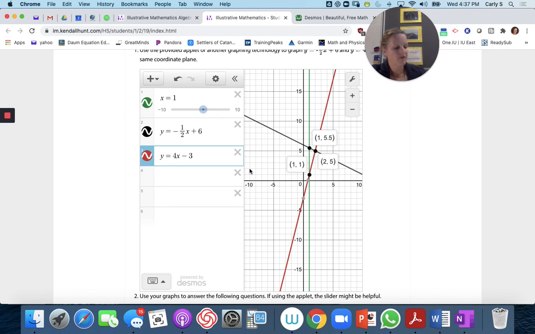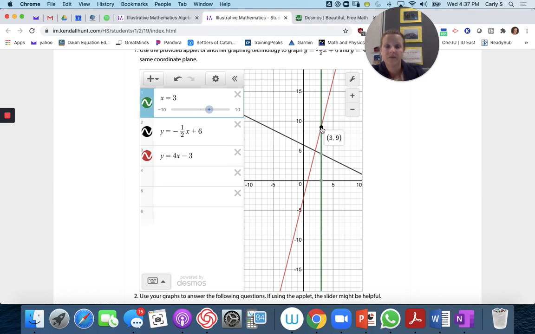For what values of x is negative 1/2 x plus 6 less than 4x minus 3? Okay, for what values is it less than? So when x is greater than 2, it's going to be over here, we'll just say it's 3. Y is 9 on the red, and y is 4.5 on the black.